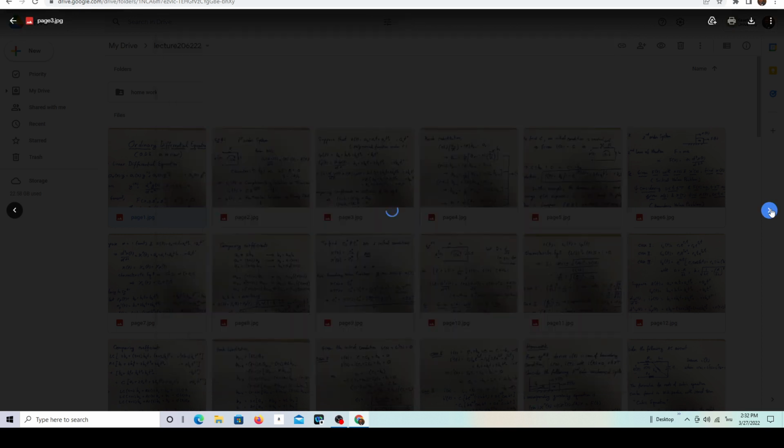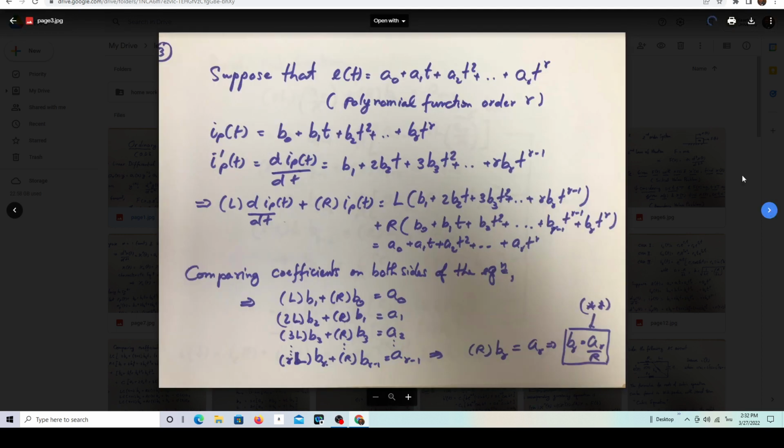So we move on. Suppose we have E(t) equal to a general polynomial function of order r: a sub 0 plus a sub 1 times t plus a sub 2 times t squared plus a sub 3 t cubed, t to the 4, t to the 5, up to a sub r times t to the r.